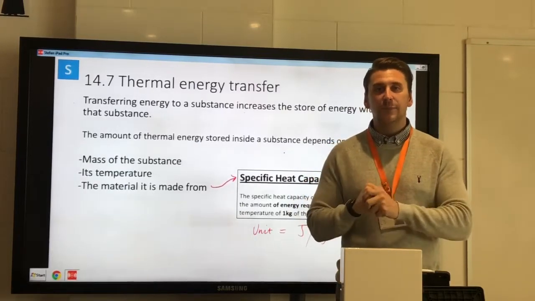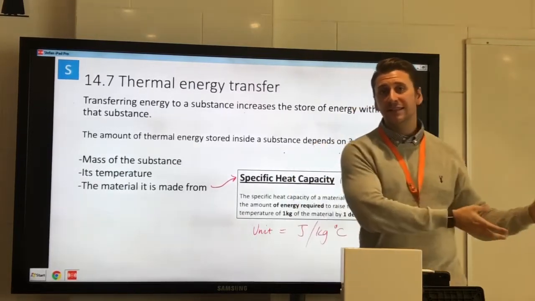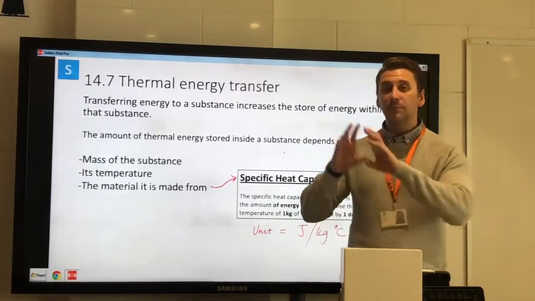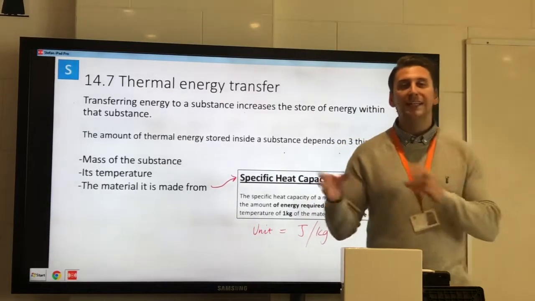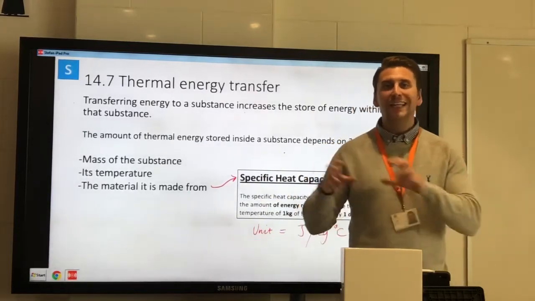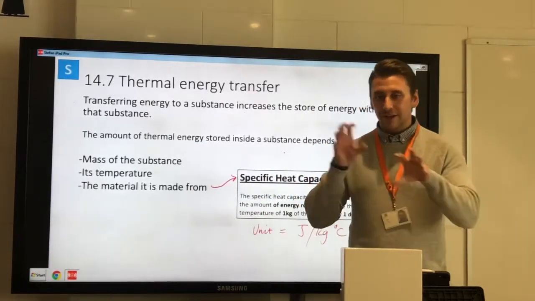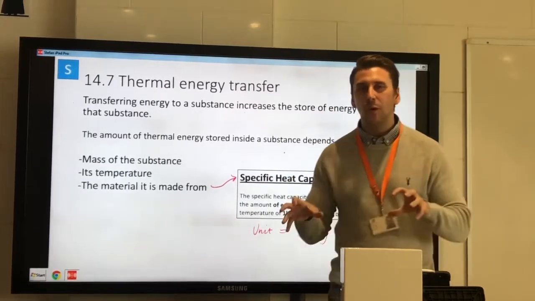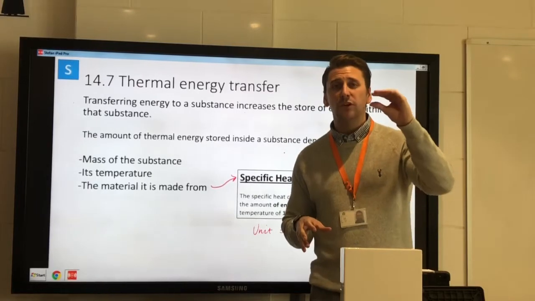That's the specific heat capacity per kilogram. Just like density was per unit volume, per meter cube, specific heat capacity is per kilogram. So we compare different substances per kilogram, so we know that in a fair environment, by the same amount, how much energy these things would require just to change their temperature by 1 degree Celsius.